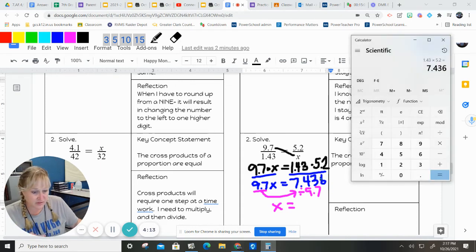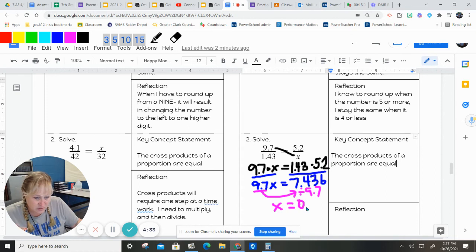And I'm going to use my calculator, do the 7 436 thousandths divided by 9 7/10. That is really gross. I do not like these numbers at all, but I didn't make it, so it is what it is. I'm going to round it to 0.767. So the answer is 0.767.